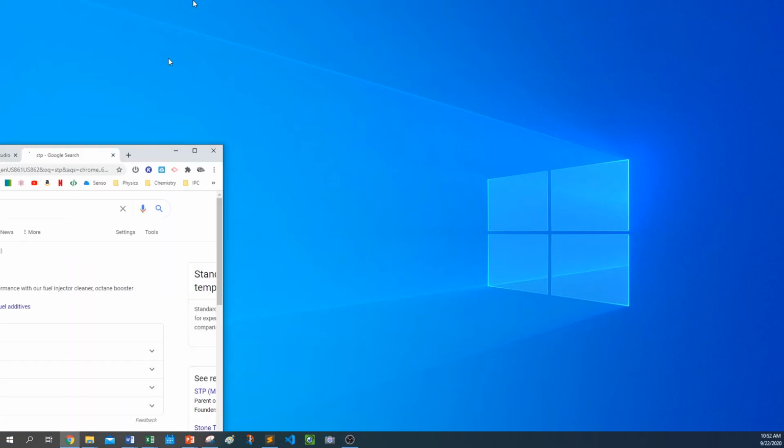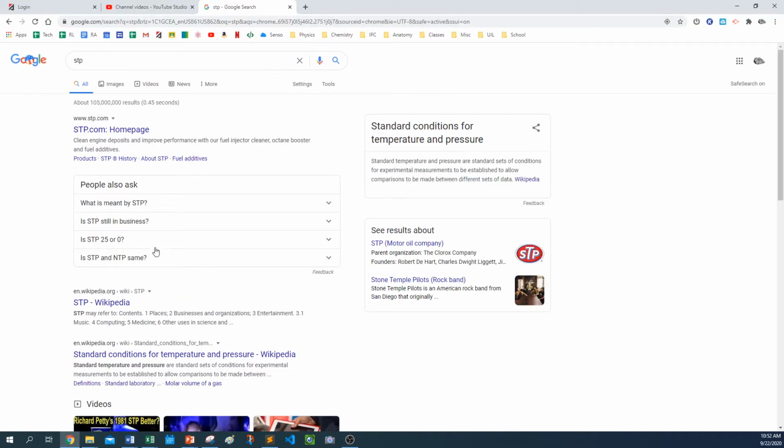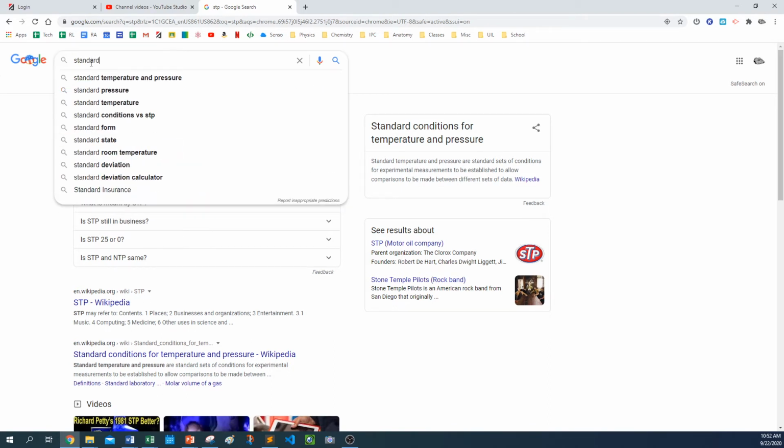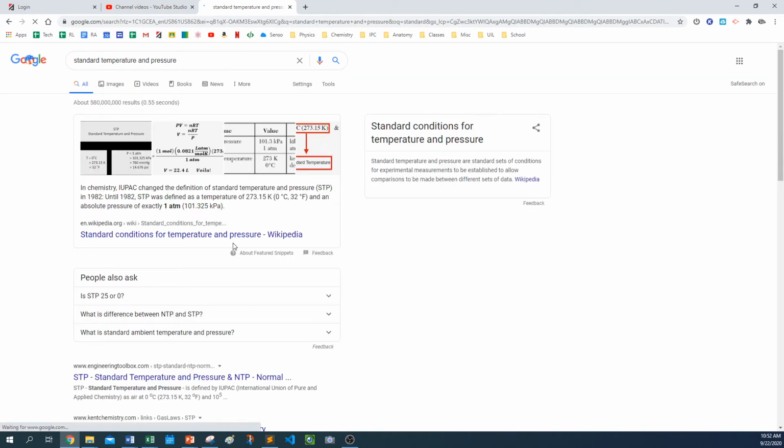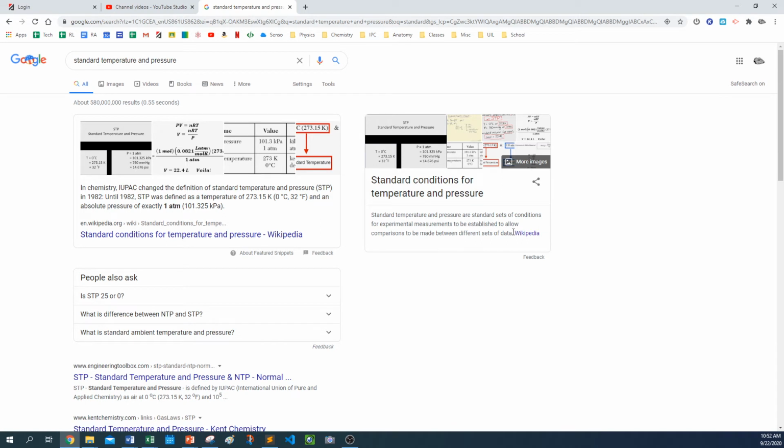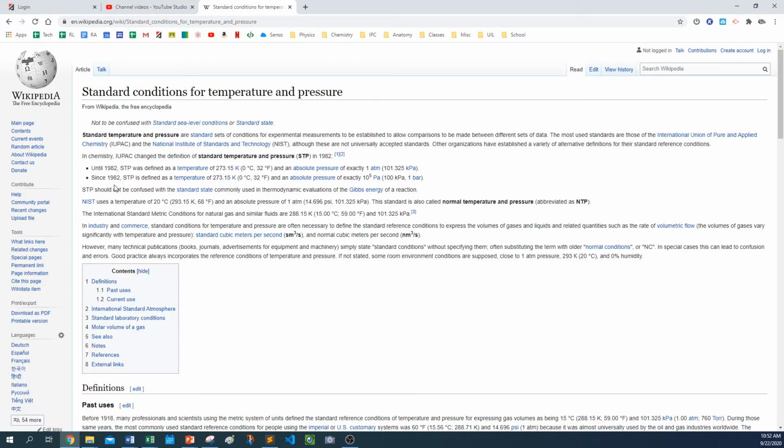So I don't get confused or confuse you guys, we're going to assume what I teach. Let's see, standard conditions for temperature and pressure. Until 1982, STP was defined as a temperature of 0 degrees Celsius and a pressure of 1 atmosphere, or 101.325 kilopascals.